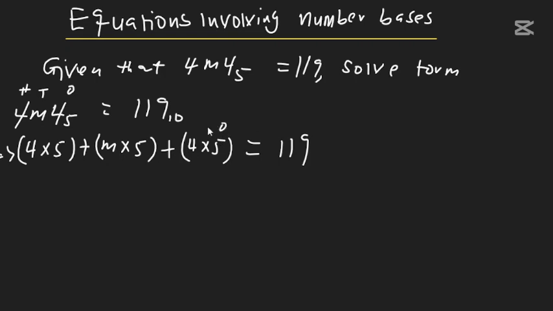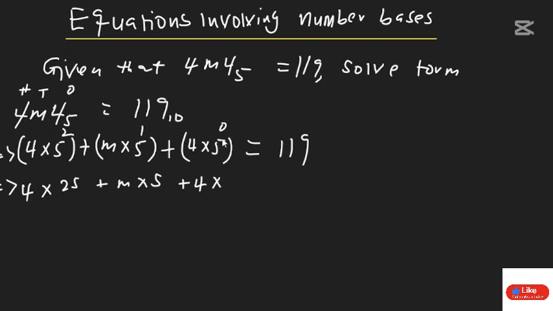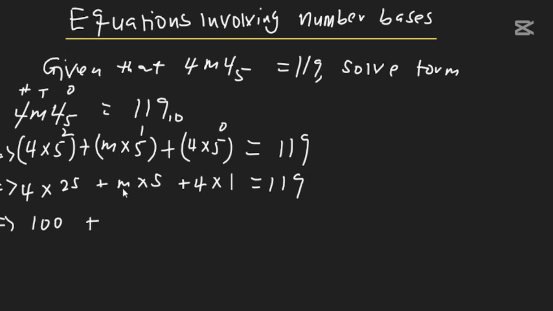So this gives us 0, 1, 2 in terms of place values. 5 exponent 2 is 25 plus 5 exponent 1 is 5 plus 5 exponent 0 is 1, and this is given as 119. This gives us 4 multiplied by 25 is 100 plus m multiplied by 5 is 5m plus 4 multiplied by 1 is 4, and this is given as 119.